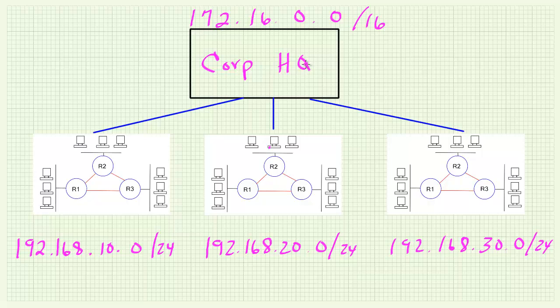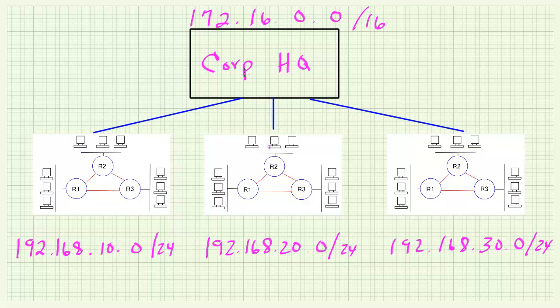And you can see that for the corporate headquarters network, we have used the private Class B block 172.16.0.0/16 to address the networks at our headquarters location. And let's further assume that our corporate headquarters network is fairly complex, and even though I've not drawn in the detail here, there could be dozens of subnetworks within the corporate headquarters.